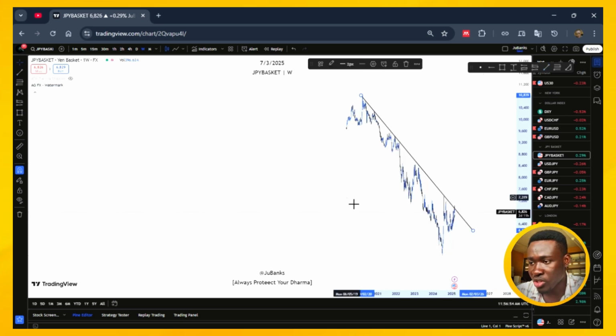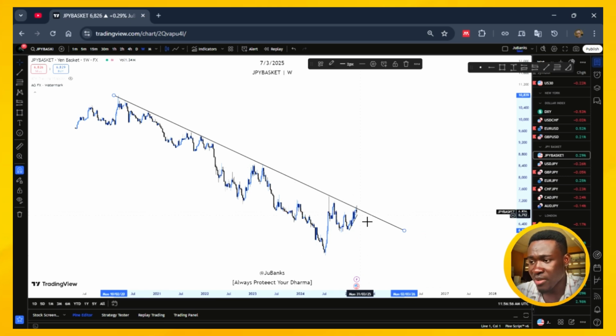I had that in mind, that when the price finally gets to that trend line, it should resist it. These are some of the things I included in my analysis to be able to get out exactly where I got out.